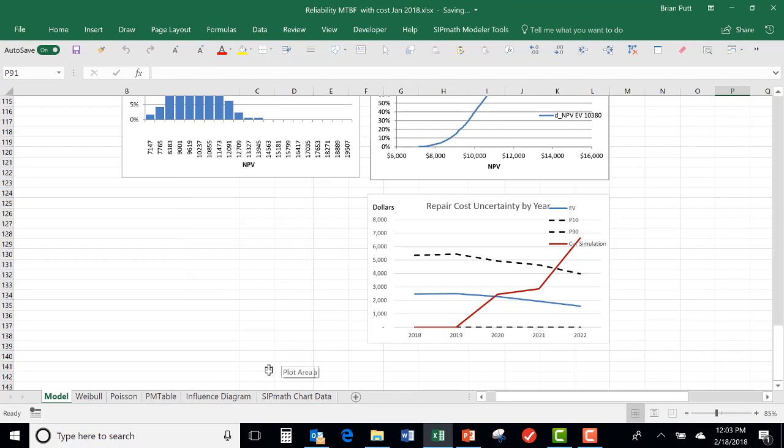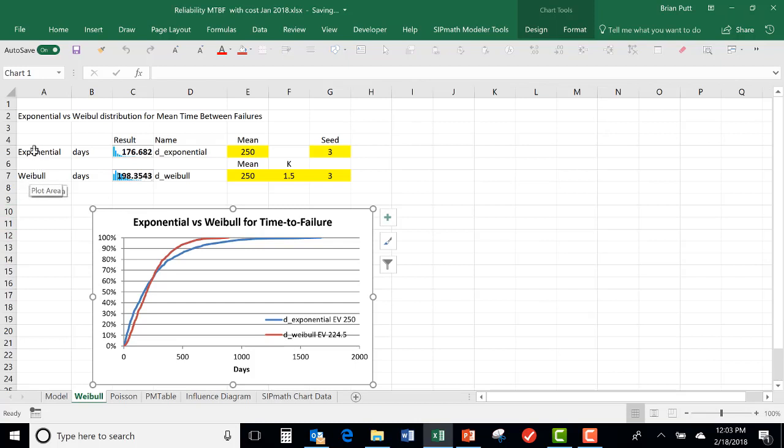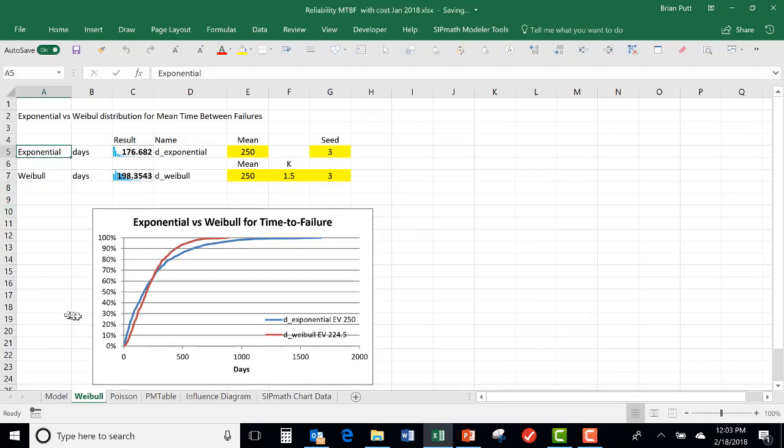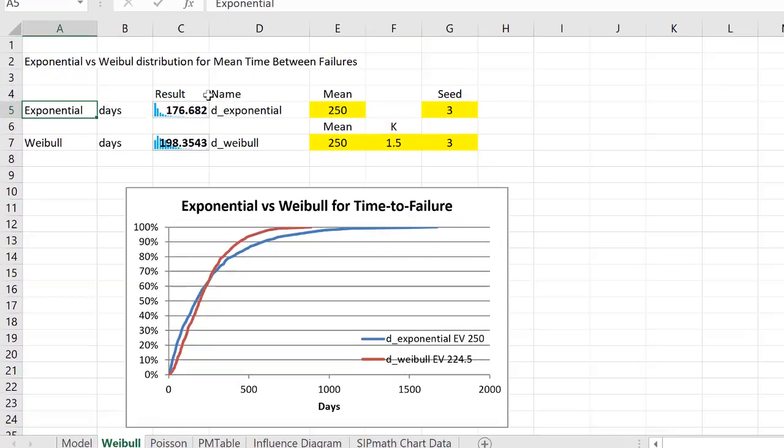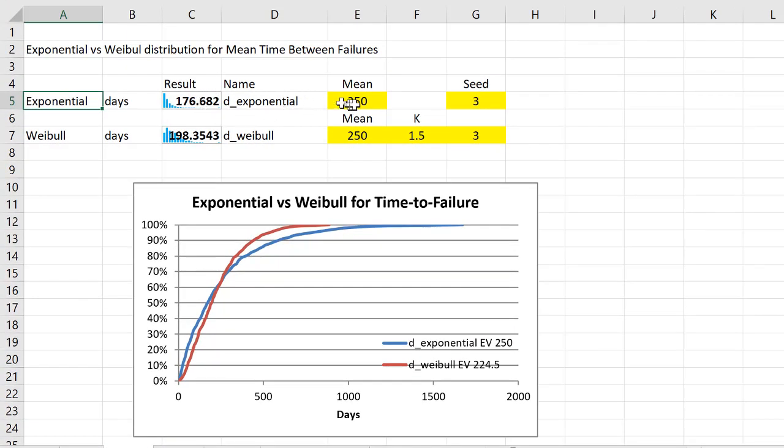Okay, so now let's talk about the Weibull distribution. We wanted to compare that to the exponential. So here is the exponential distribution with my 250 days, shown here as the blue line. The Weibull distribution, shown here, is the red line.